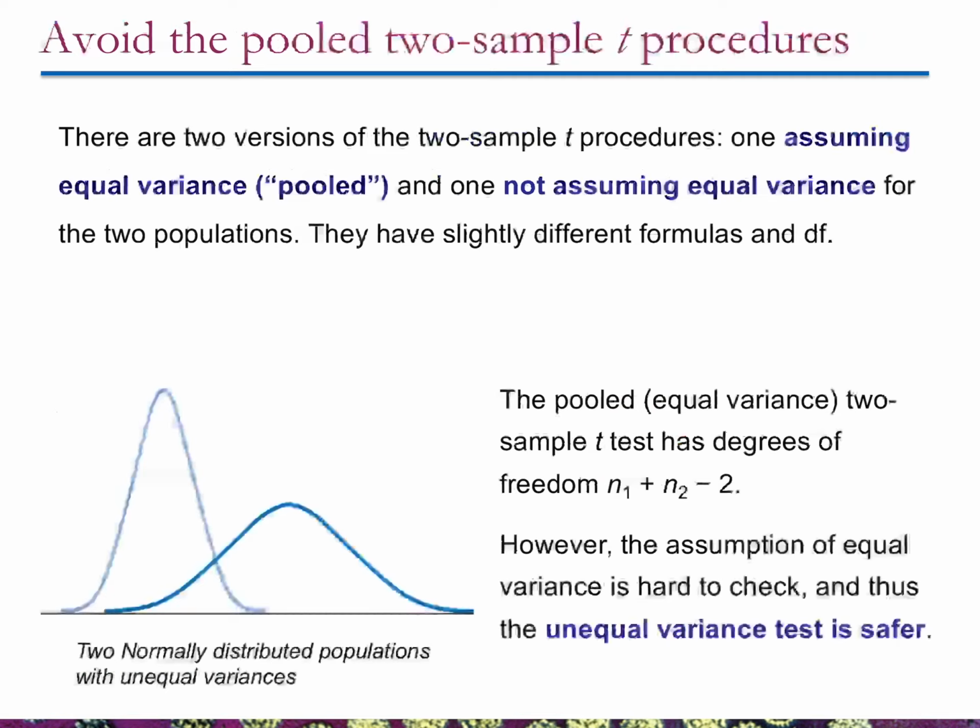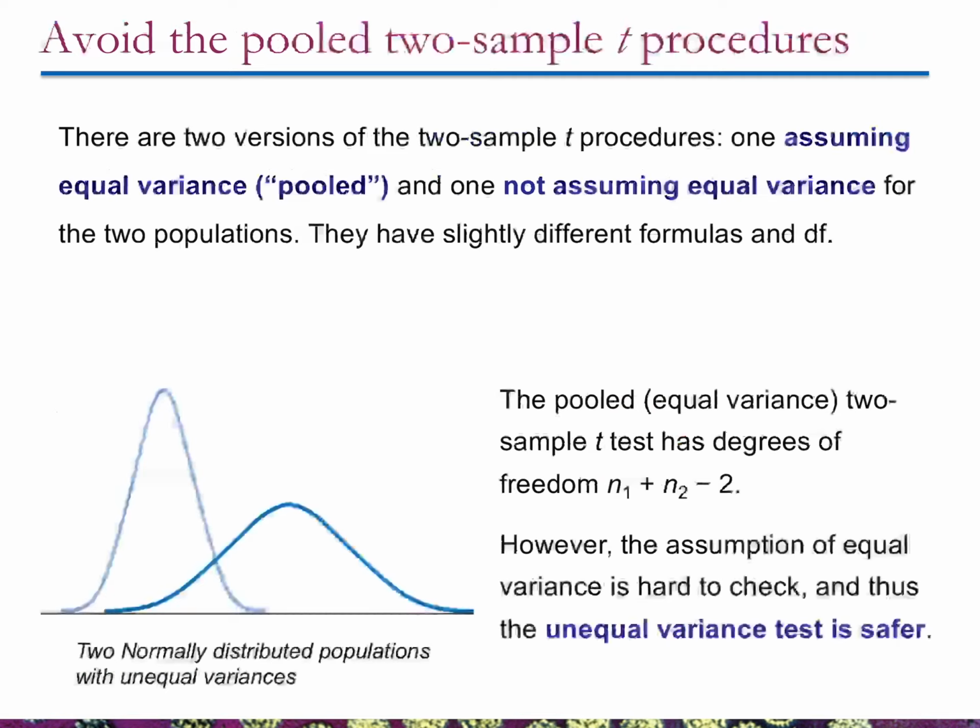All right, one warning about this, especially when you start using Minitab to do 2-sample t-tests. There's an option in Minitab, and there's a different version of this 2-sample t-test called the pooled 2-sample t procedure, okay? So we have 2 versions of the 2-sample t-test.